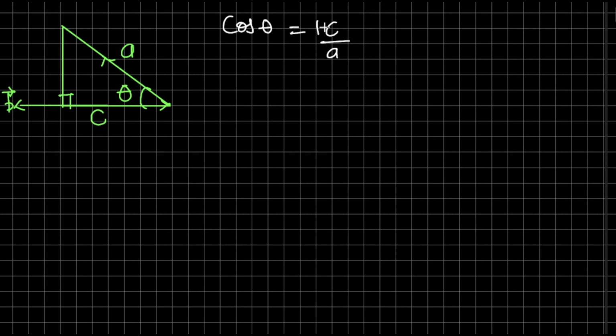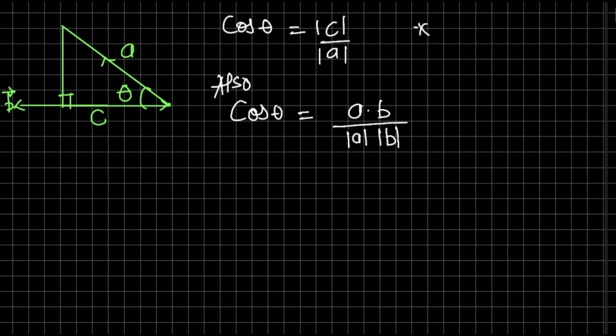So magnitude of C all over magnitude of A. We also know from the angle between 2 vectors that cos theta equals A dot B all over magnitude of A times magnitude of B. Is it making sense?